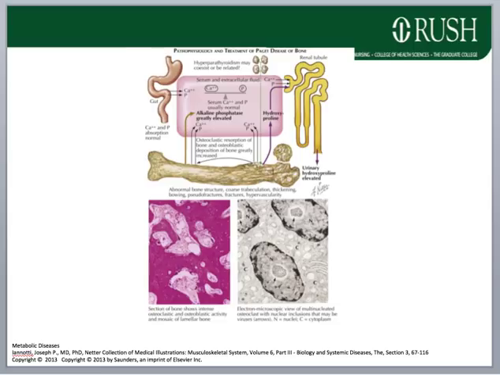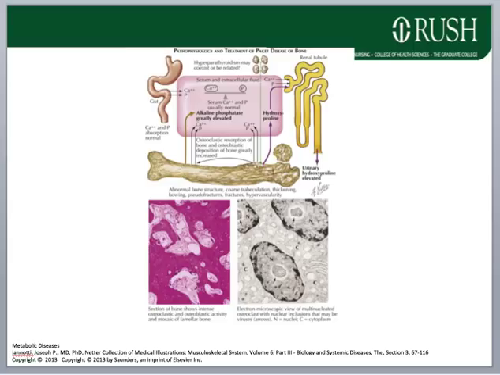I have a couple sections of microscopic Pagets coming up, but one interesting thing about the pathophysiology is that in electron micrographs of bone involved by Paget disease, there's these intranuclear collections of structures that are thought to be possibly virus.